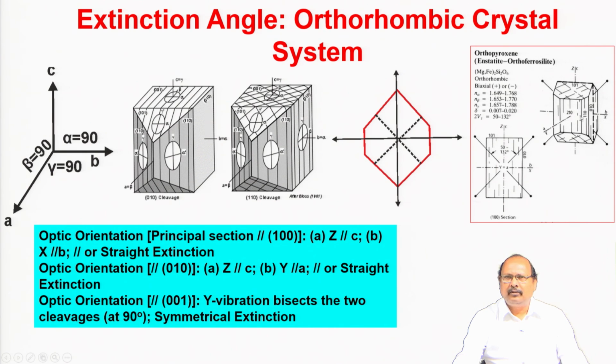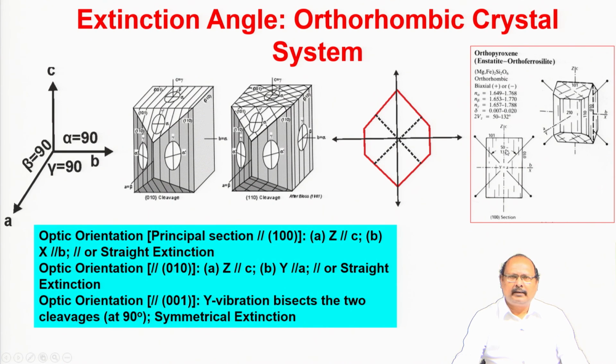So, immediately in this plane, the x is parallel to the B crystallographic axis, and you have z parallel to the C crystallographic axis. So, you will see straight extinction here, not only in the optic axial plane or the principal section of the indicatrix 100, but also in the 010 plane here, or the optic normal plane.